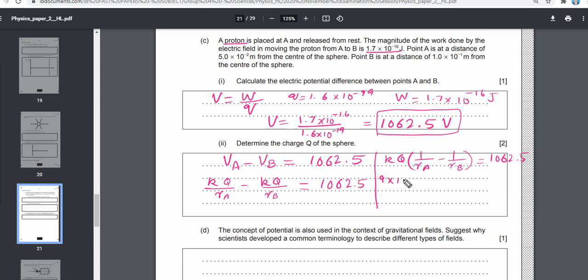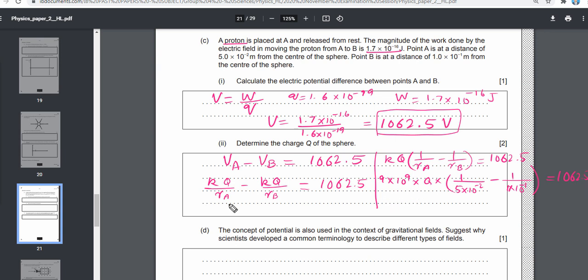It'll be 9 times 10 to the power of 9 times Q times, now 1 over RA is basically this much. Point A is 5 times 10 to the power of negative 2, and point B is 1 times 10 to the power of negative 1, and this is equal to 1062.5.